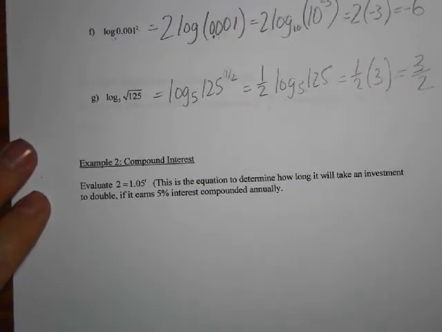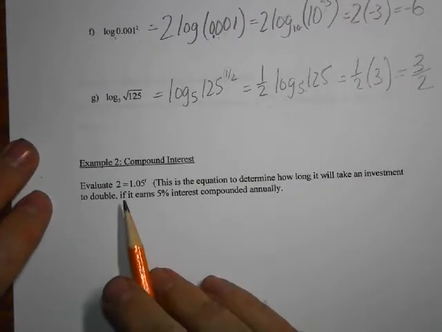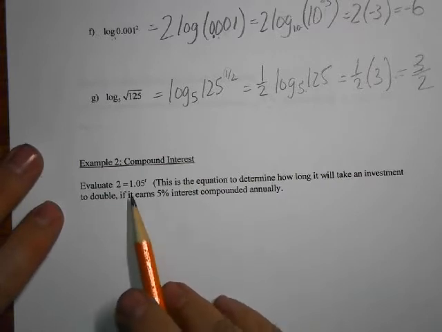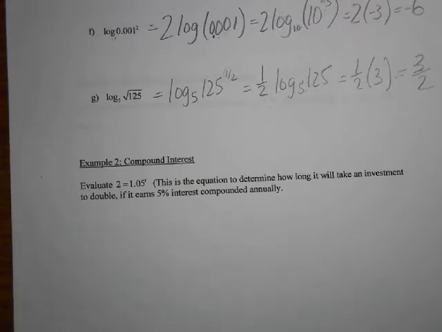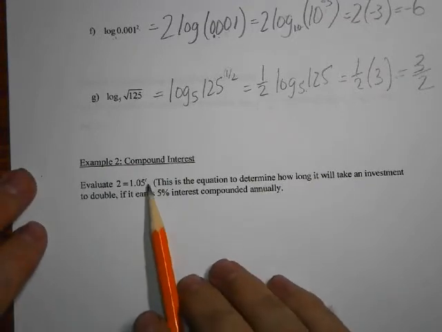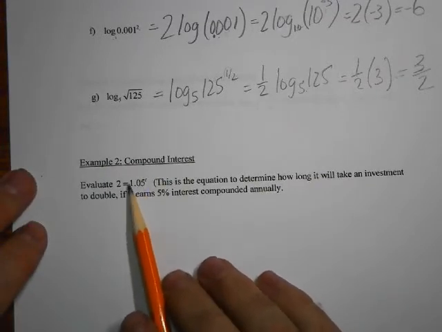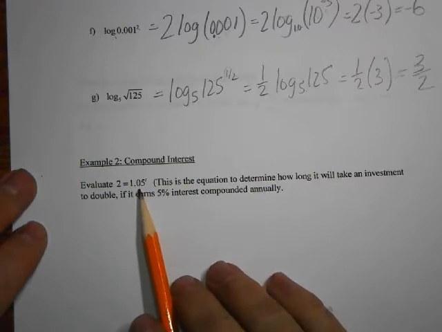So this says evaluate 2 equals 1.05 to the power t. This is the equation to determine how long it will take an investment to double if it earns 5% interest compounded annually. So if you think about it, this is basically multiplying over and over by 1.05.